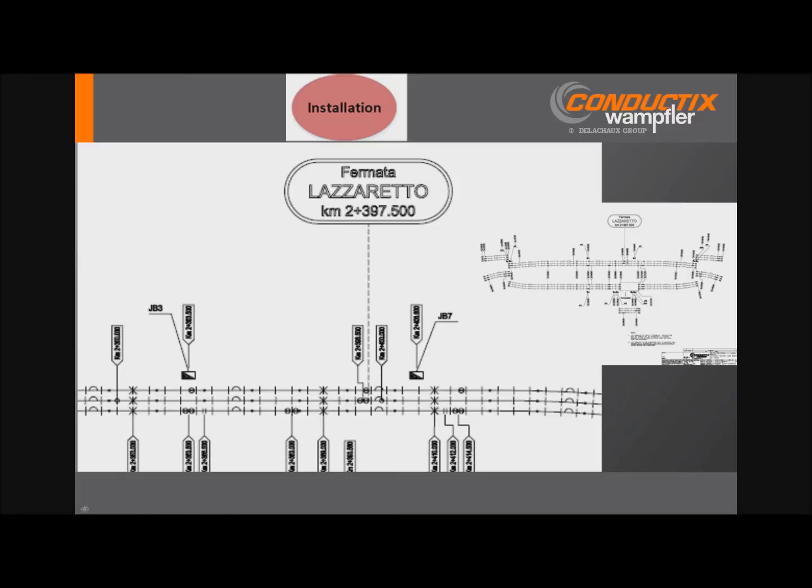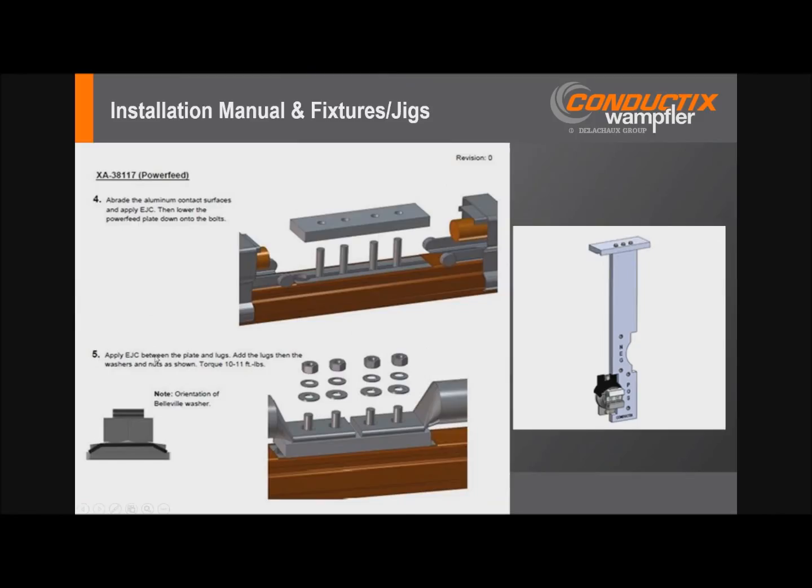And where possible, alignment fixtures or jigs should be used to facilitate accurate and precise positioning of power rail components on the guideway. So here you can see an example of a manual showing the joining of a splice plate, tightening specifications, orientation of all the hardware. On the right-hand side was a fixture used to properly position both the positive and the negative hangers in the guide beam embeds to support the insulated hangers for Line 15.